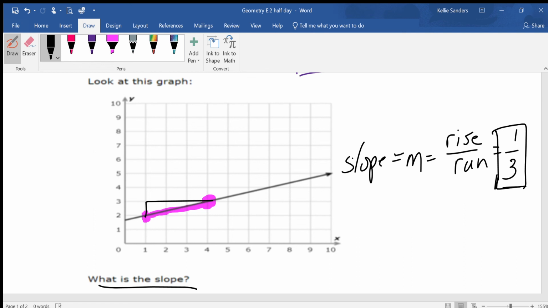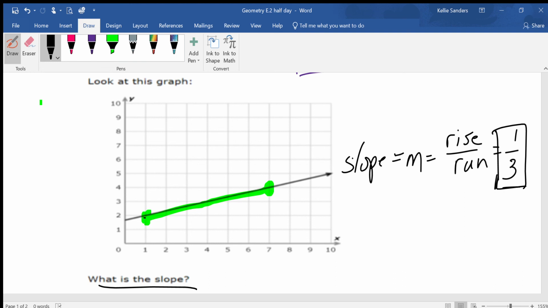Now, you didn't have to choose those points. I'm going to erase what I just did. Choose a different color. And let's say, okay, we start with this point. Let's say I didn't see that one right there, and I went to here. What would the slope be now?